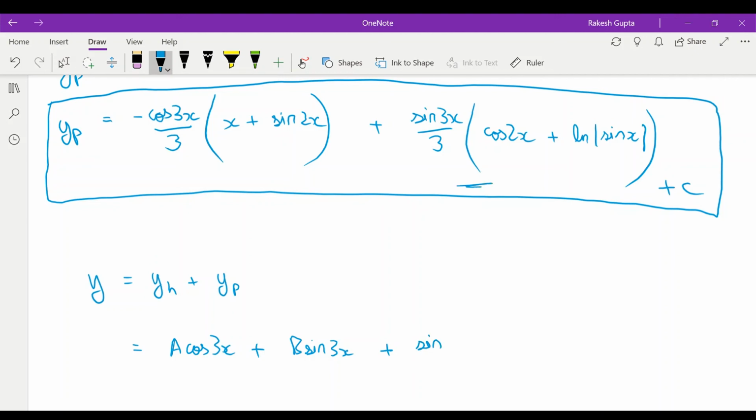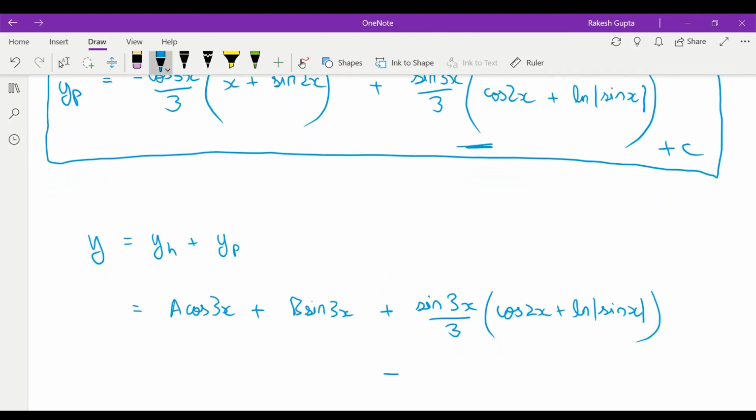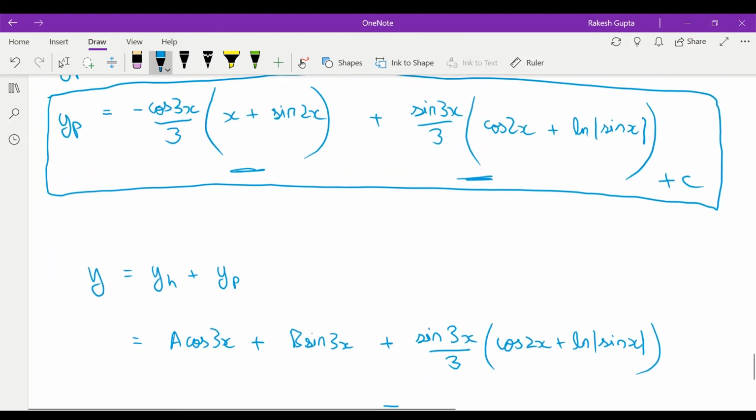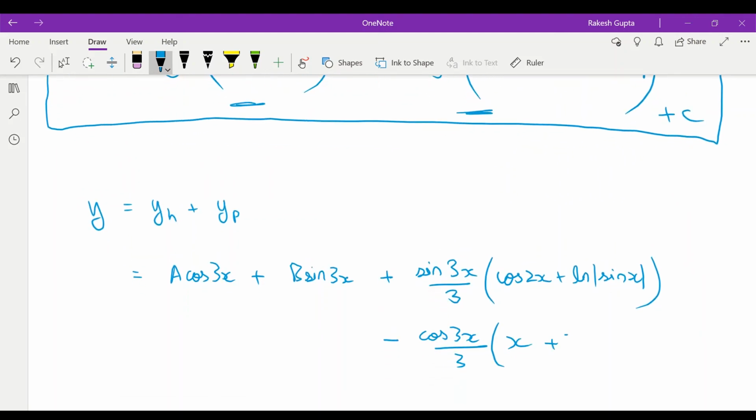I'm just going to write this term first. Minus this term plus sin 2x plus the constant of integration c.